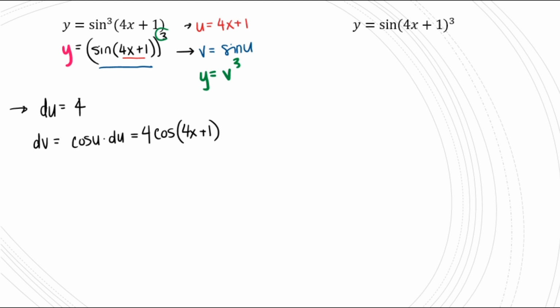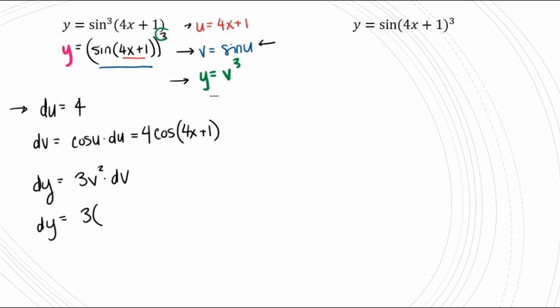And next we need to find our main derivative, which is dy. And I see that y is v cubed. So I know that the derivative of something like this will be 3v squared, the kind of power one, but multiplied by dv. So go back, find what everything is. So I see that my derivative will now be 3.